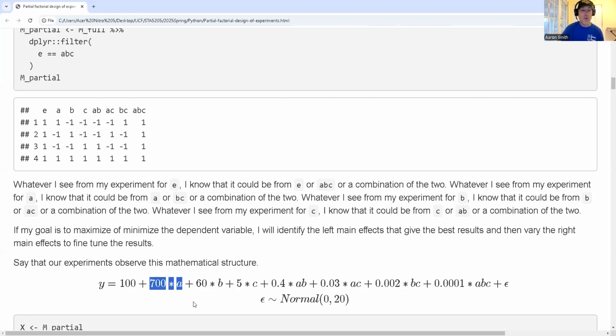But 700 times A, 60 times B, 5 times C, you'll notice that the main effects have the largest coefficients of magnitude. Then I get my 2-way interactions, so 0.4, 0.03, 0.002. And then my 3-way interaction is pretty darn small at this point. And I picked 7, 6, 5, 4, 3, 2, 1, just to make this easier to interpret.